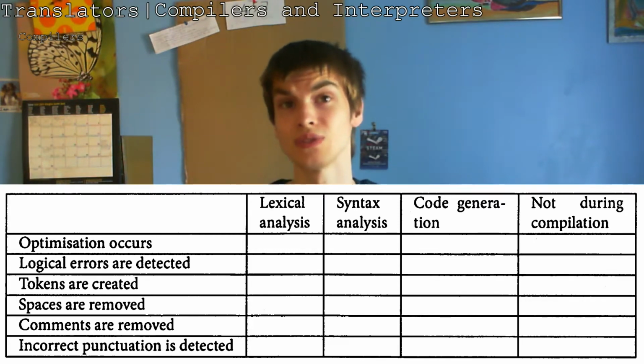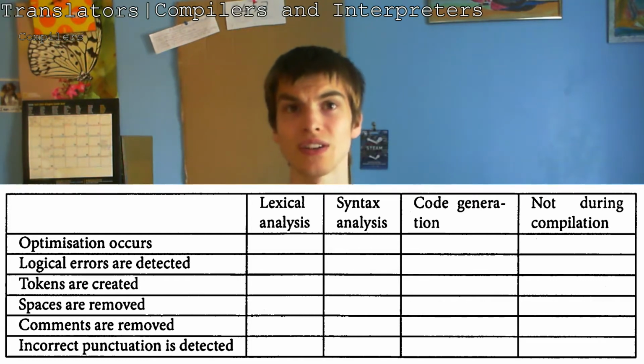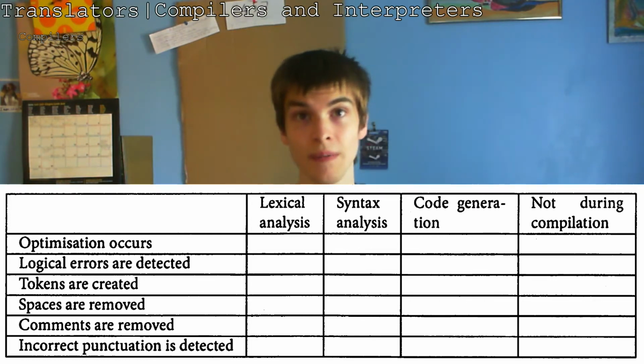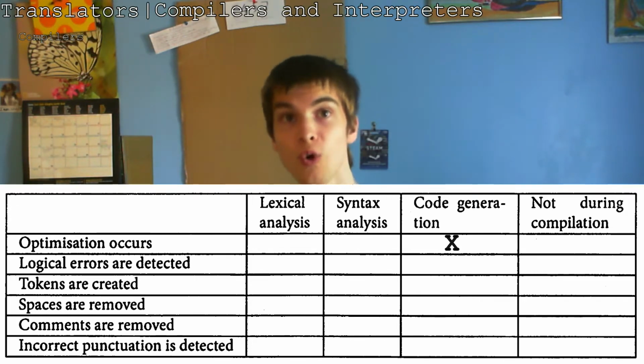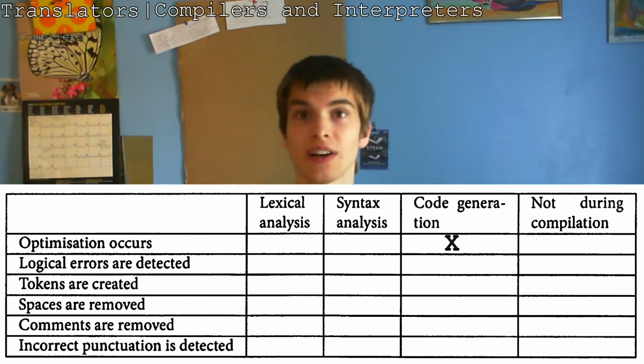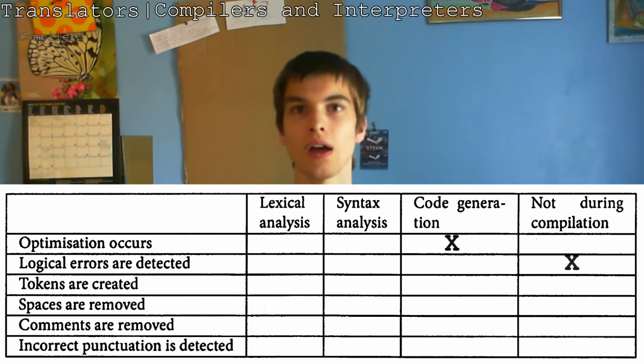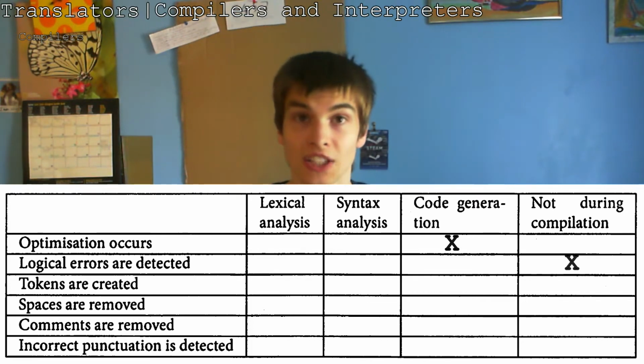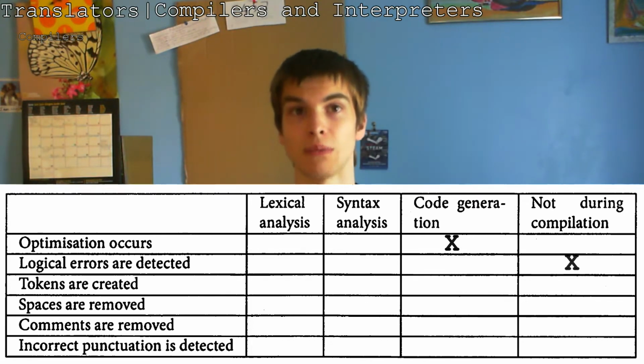Alright then, so for the answers: optimization occurs within the code generation. Logical errors are detected not during compilation, so not during compiling.